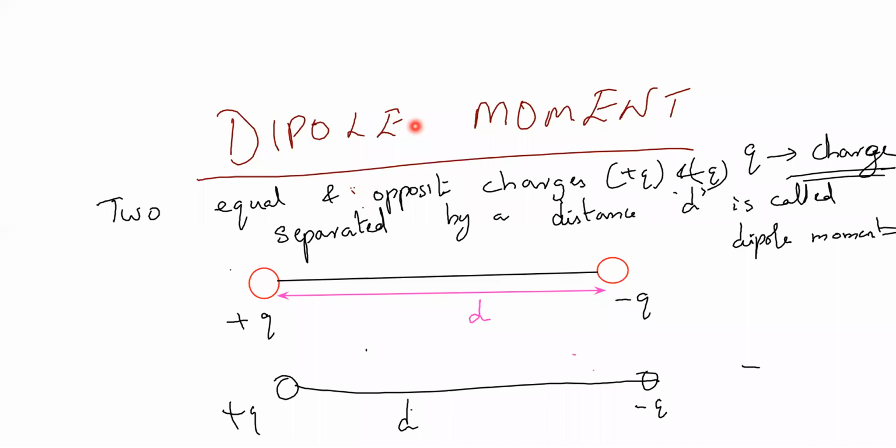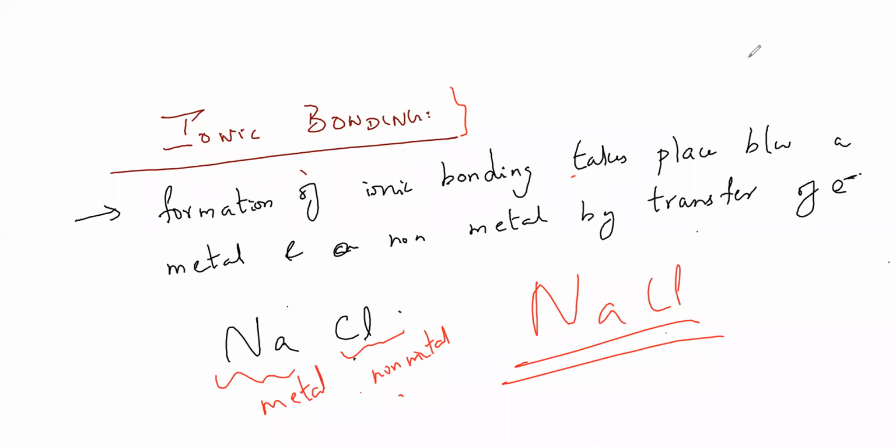For the doubts, I'll just pause. Is sodium a metal or a non-metal? Metal. Correct. What is chlorine? Non-metal, correct. So if I take NaCl, sodium has got how many electrons?